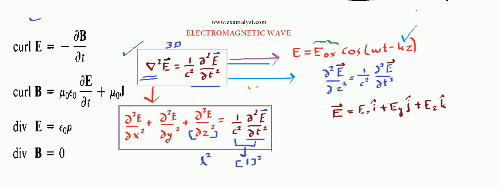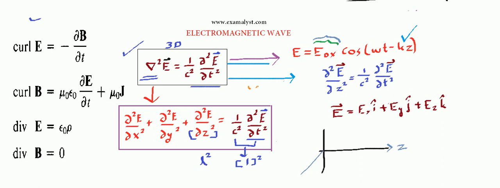So let me draw the diagram of how my electric field looks. Consider this is an axis and this is an axis, and say this is the third axis. Then I said that my electromagnetic wave is traveling along the z axis. So this is z, and the vibration indicates in which direction the displacement is occurring.